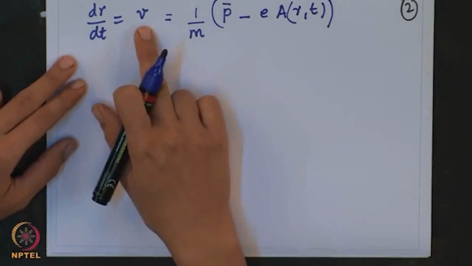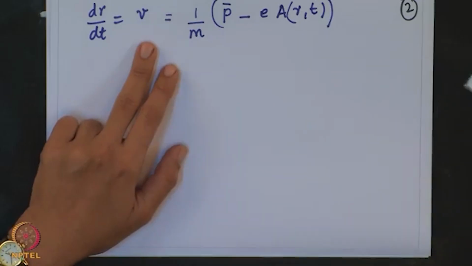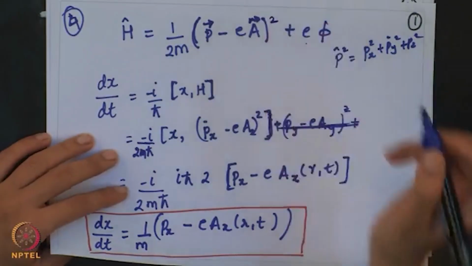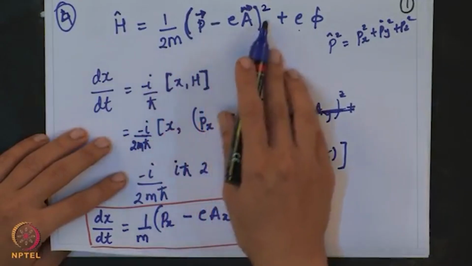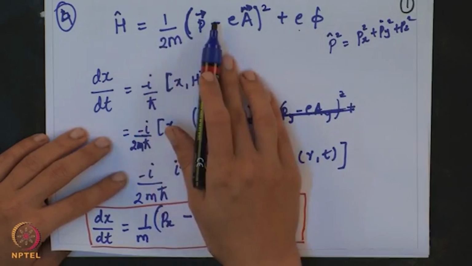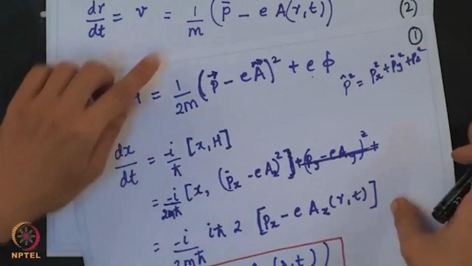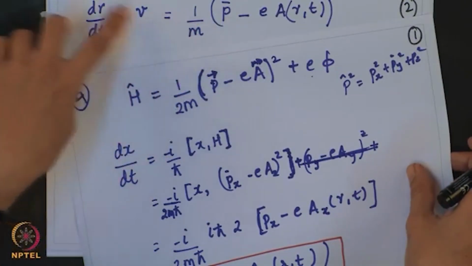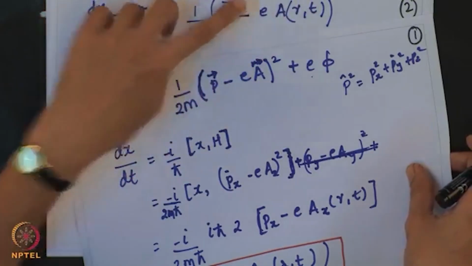Now, you know the velocity, and in terms of velocity you can rewrite the Hamiltonian. Your Hamiltonian was, there is a square which I missed, sorry. The Hamiltonian is 1 by 2m (p minus eA) square plus e phi. This I can rewrite in terms of v square. So, half m, there will be an m square coming from here. So, in terms of p there will be m square v square, which will be replaced.